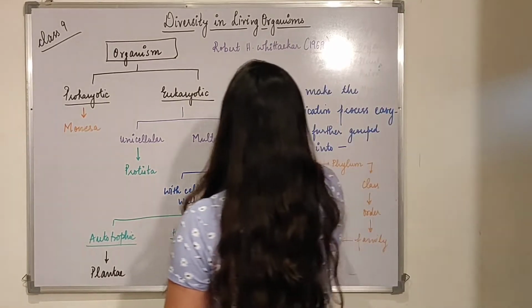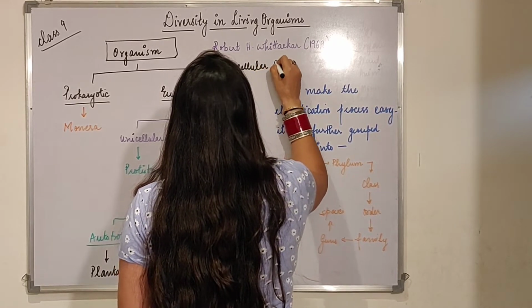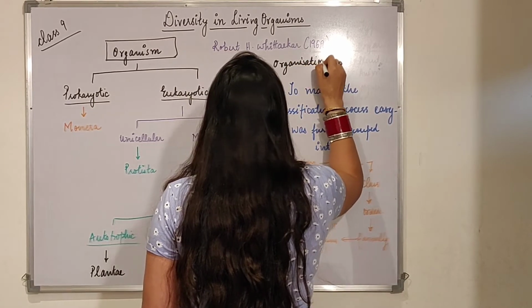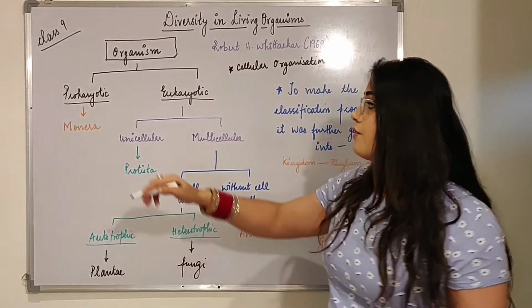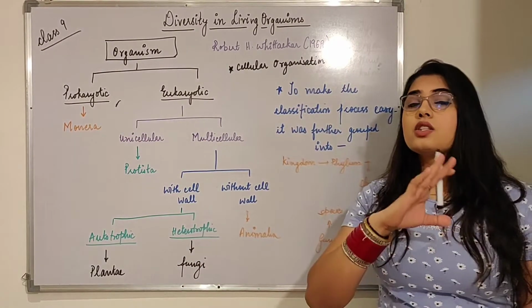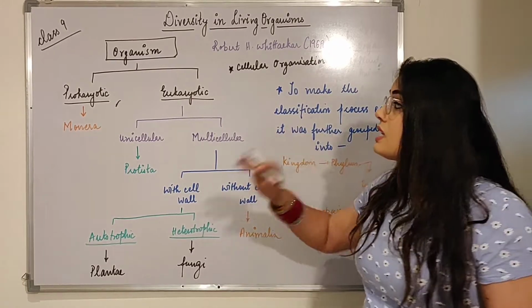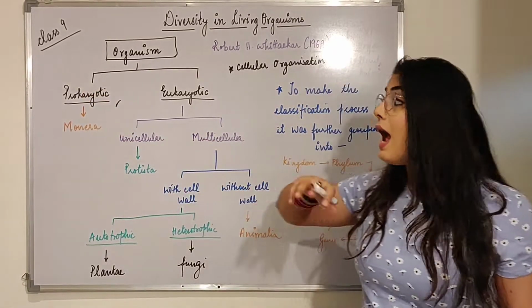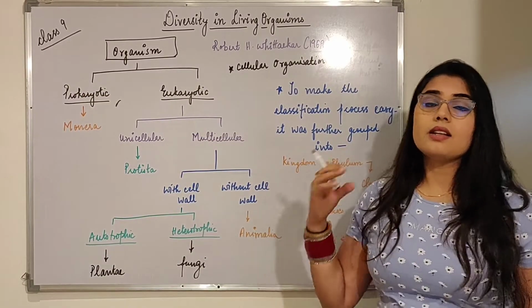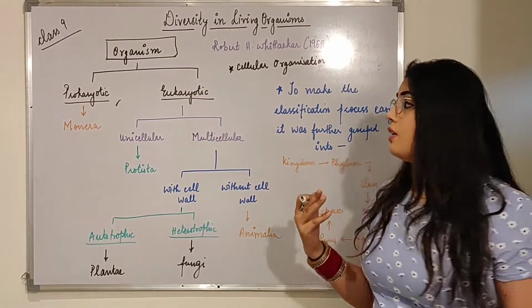That means the cell is prokaryotic or eukaryotic. As I told you in the previous video, if the cell is prokaryotic, it does not have a well-defined nucleus and the cell is not very well defined. And in a eukaryote, the DNA, nucleus and cell are all very well defined. That comes in the category of eukaryotes.